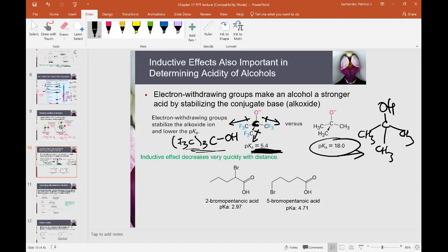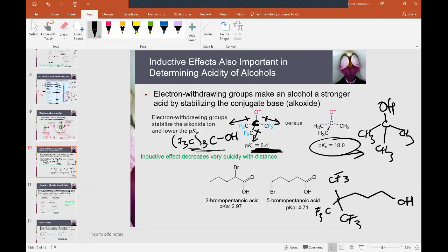But if the group was farther away, let's say if you have something like this, you have an alcohol here, and I have my three CF3 groups farther away like this, in that case, I could bet that the pKa value of this system will be very similar to the pKa value of methanol.